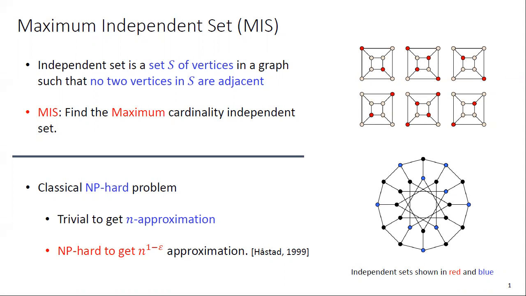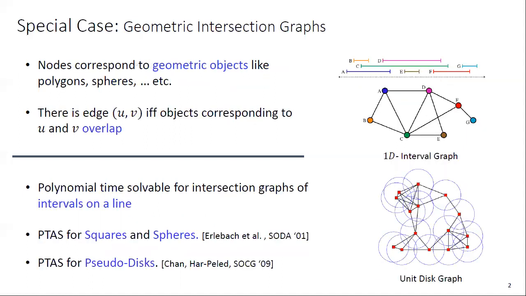So if we want to prove some good approximation algorithm, we need to restrict ourselves to some subclasses of graphs. One interesting type of instance is the graphs that come from geometric intersection graphs. You can imagine that you have a set of objects, and each of these objects corresponds to a node in your graph, and you have an edge if two objects intersect.